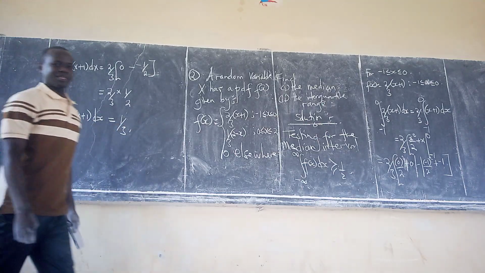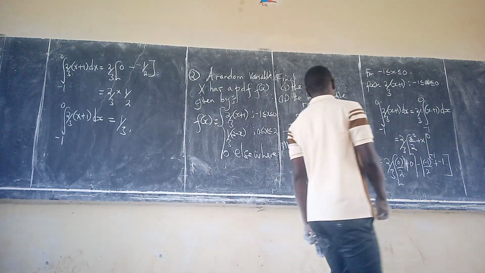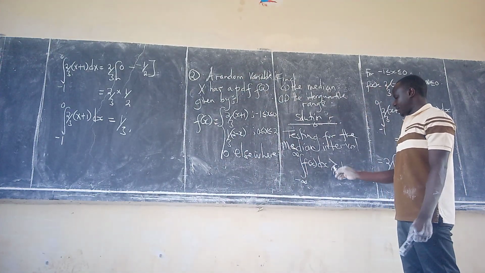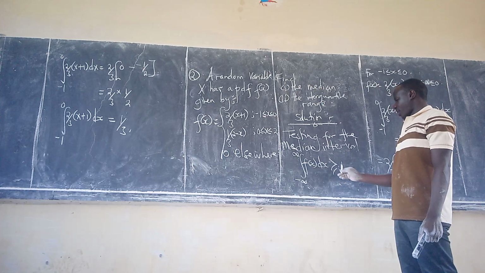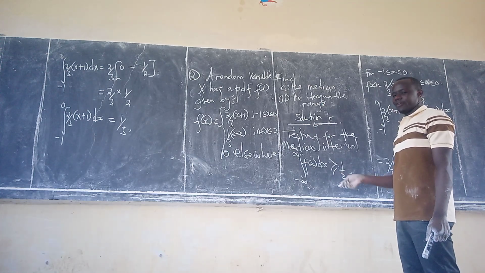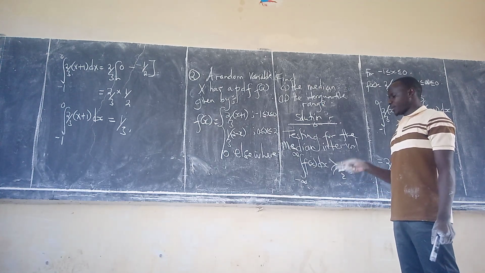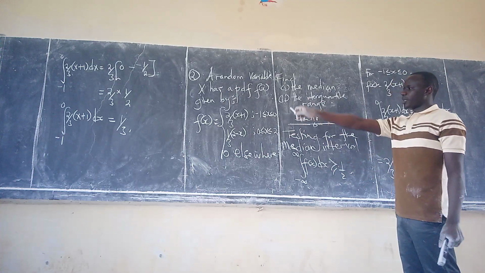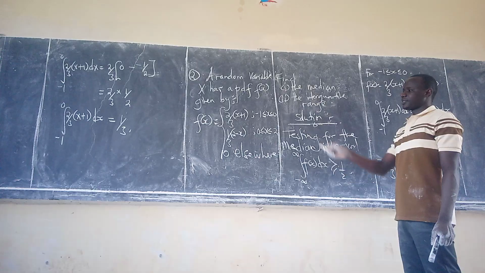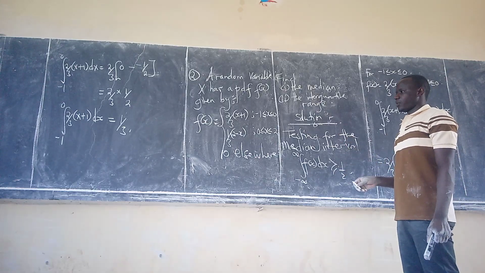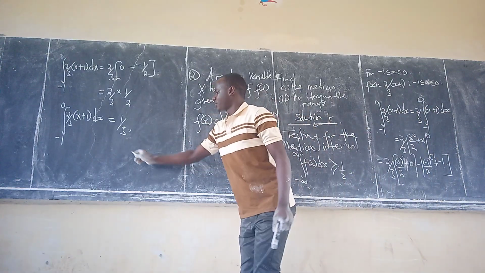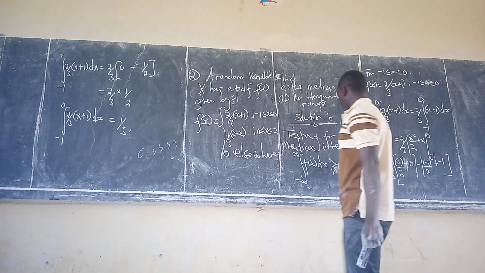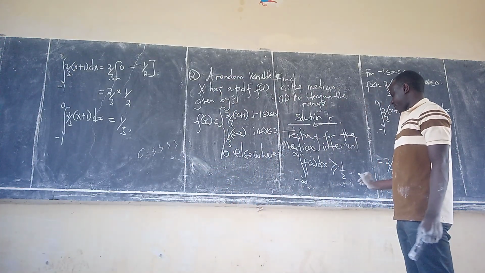Now after getting the integral, you ask yourself, is the answer for this interval equal to a half or greater than a half? If yes, the median lies there. If no, the median does not lie there. Now it is a third, which is the same as 0.3333. Then this half is the same as 0.5.